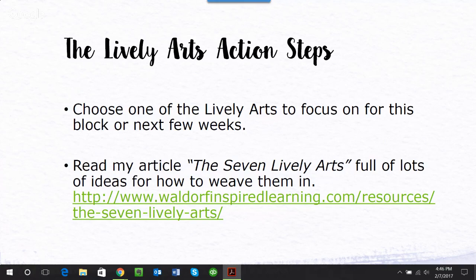Or if there's one that you're really interested in but you aren't doing much of right now, pick that one. Or if you haven't really done any of the lively arts, even in the kindergarten years, you could pick that one. If it's the kindergarten years, I would suggest it being either verses or music or storytelling.